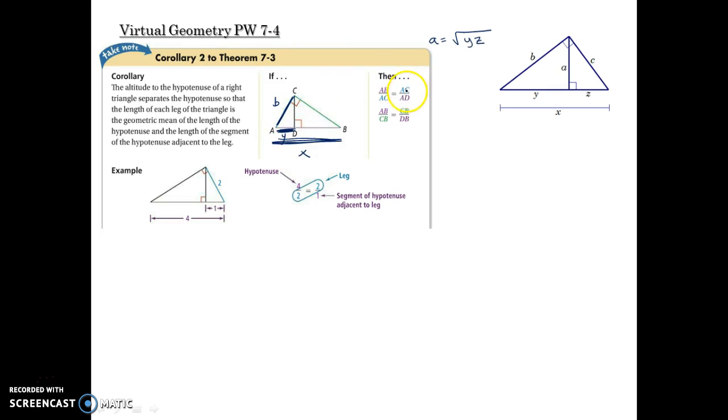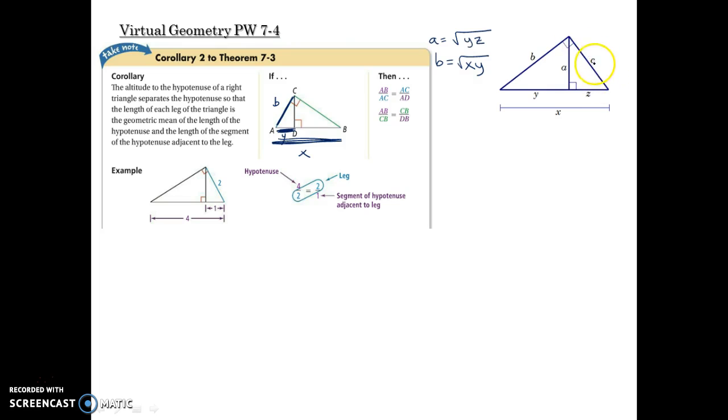So AC is B, and so there's the B down there, and then AB is X, and then AD is Y. So if you cross multiply, you get B squared equals XY, and if you take the square root, you get B is the square root of XY. So I'm going to put that here too. B equals the square root of X times Y.